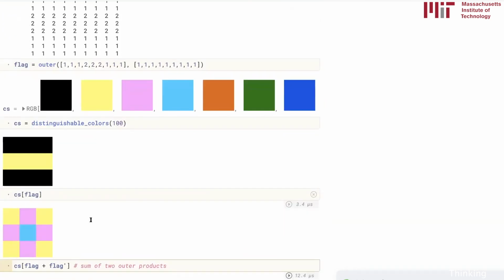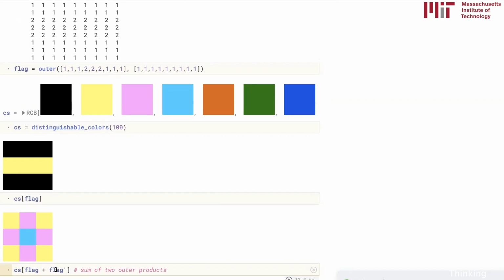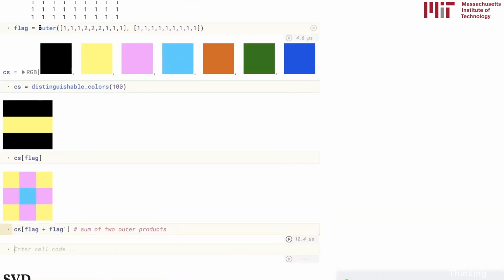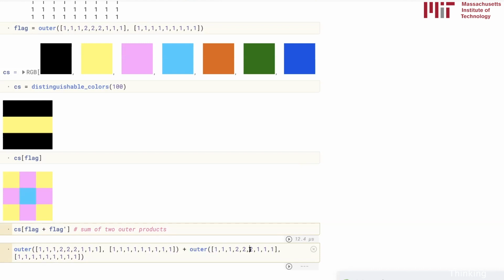Here I'm going to take two outer products. Just to make it easy, I'm taking the flag plus the flag transpose, which is nothing other than taking the outer product one way and then switching the arguments.